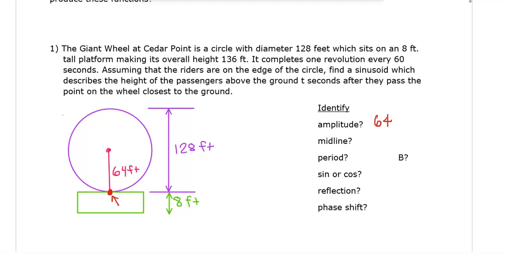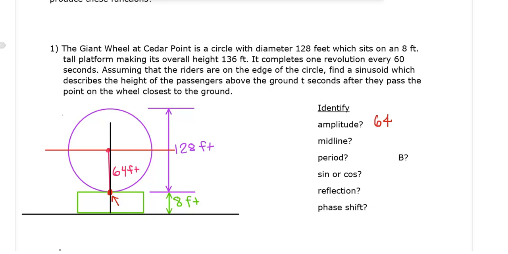Now we can figure out the midline. Midline is going to be where the center of the Ferris wheel is. It's where the center of rotation is. So that would be right here, straight through this middle part. That center of rotation is what we have for that midline. If I have my x-axis, here's that x-axis, and then I've got my values right here.